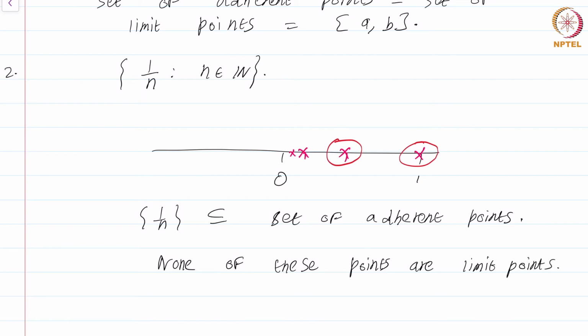So here it seems like the set of adherent points and limit points are not even going to have a common point. But wait a second. What about our element 0, which is what 1/n is converging to? By the definition of both adherent and limit point, 0 is both an adherent as well as a limit point.